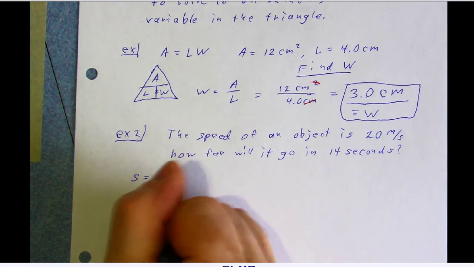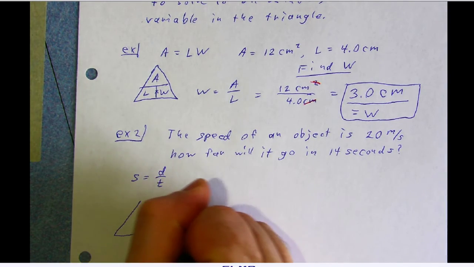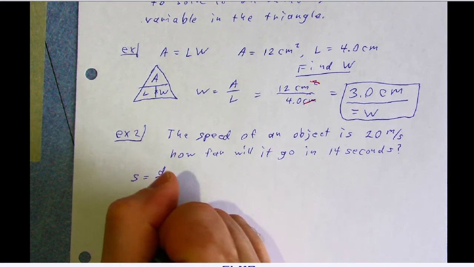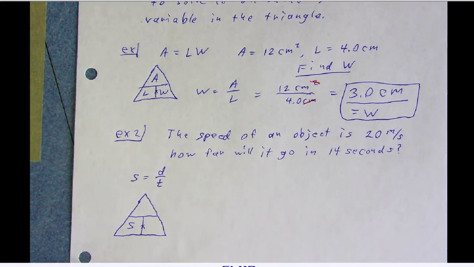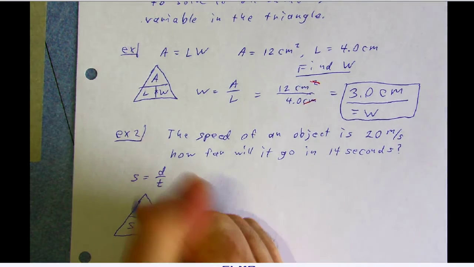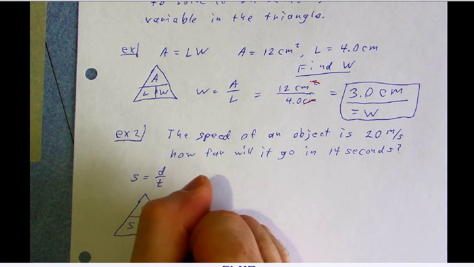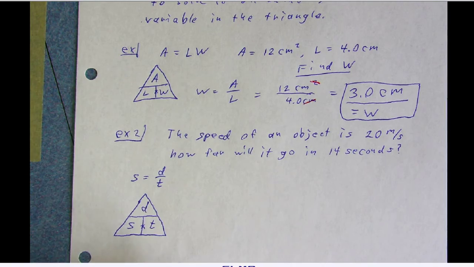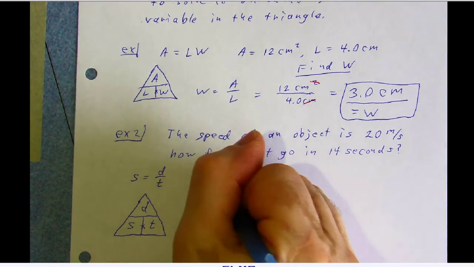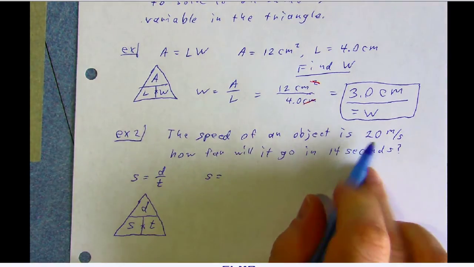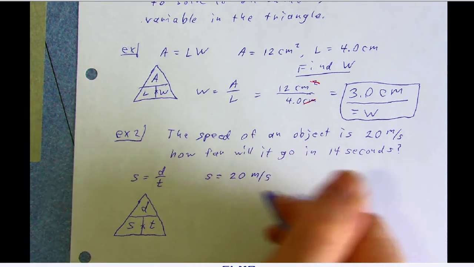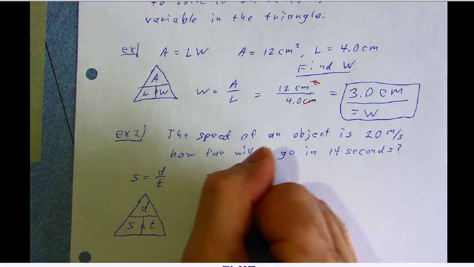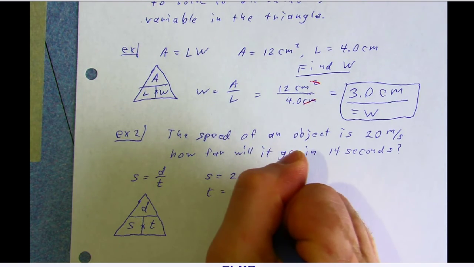So if I draw my triangle for this, speed is distance over time. This is how I'm putting it into the triangle. So we're given S. S equals 20 meters per second. And T equals 14 seconds.